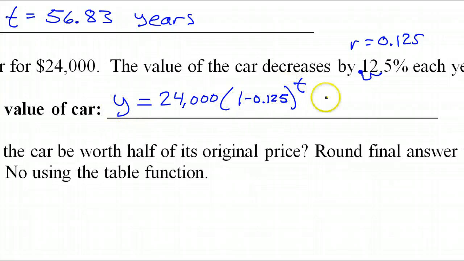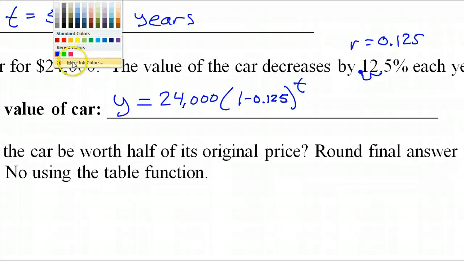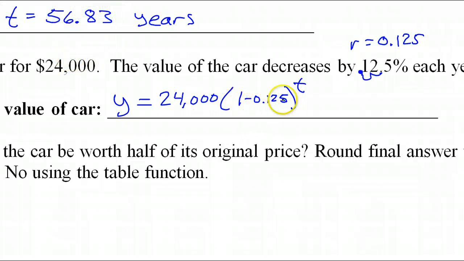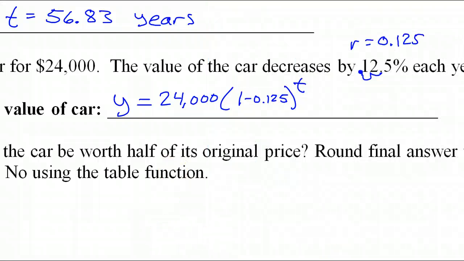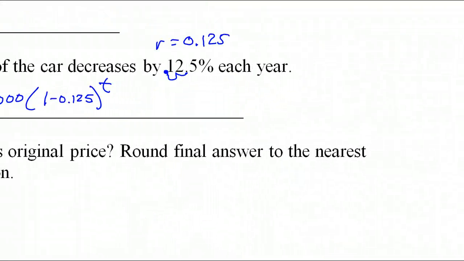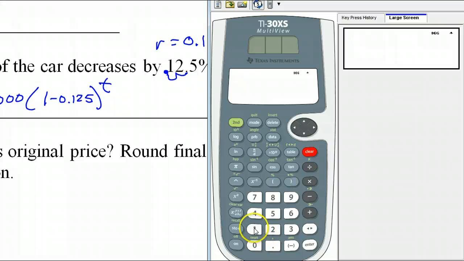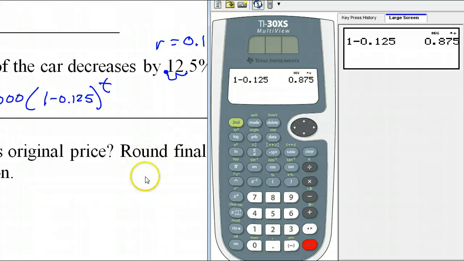So this is the model. Now please understand, it will be more convenient if you go ahead and do this subtraction. 1 minus 0.125 is 0.875.